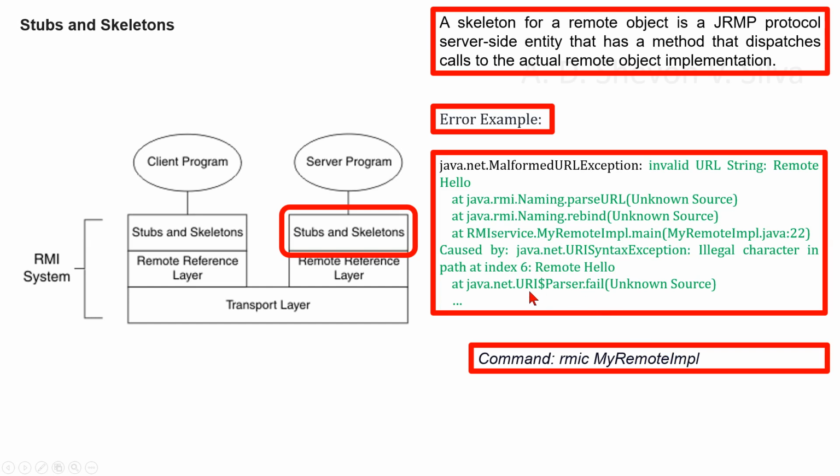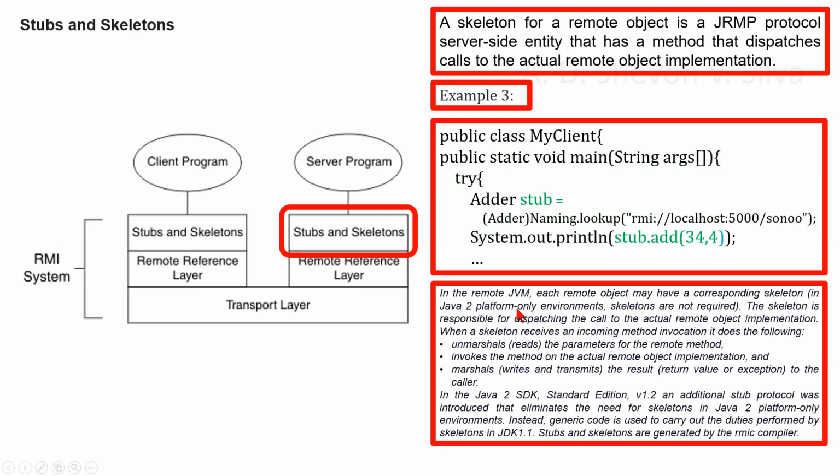Invalid URL string, invalid URL string: remote hello, at java.rmi.Naming.parseURL, at java.rmi.Naming.rebind, at rmiservice.MyRemoteImpl.main, caused by java.net.URISyntaxException: illegal character in path at index 6: remote hello, etc. As an example 3, we can consider this one.